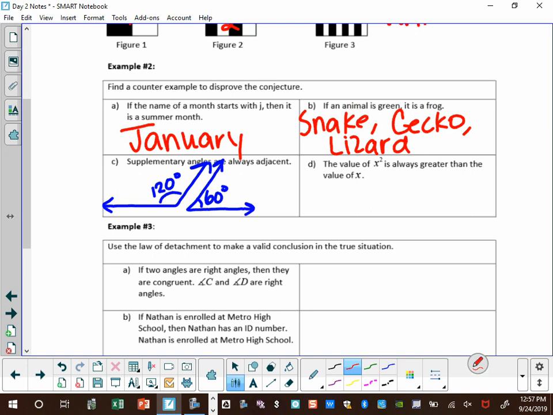Yes. Supplementary just means two angles that add up to give us 180 degrees. These angles are not adjacent, because adjacent means next to, but it's still supplementary. This is from our vocab last unit, that you didn't study for, so that's probably why you're a little confused.